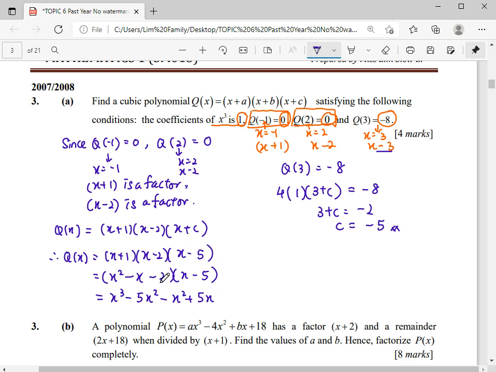Then the third term, negative 2 times this, we get negative 2x plus 10. So our polynomial in expanded form, we can rearrange according to the order. Start with x cubed, then simplify the x squared, then x, then number. This x squared will give us negative 6x squared. Then the x value there will become 3x plus 10.